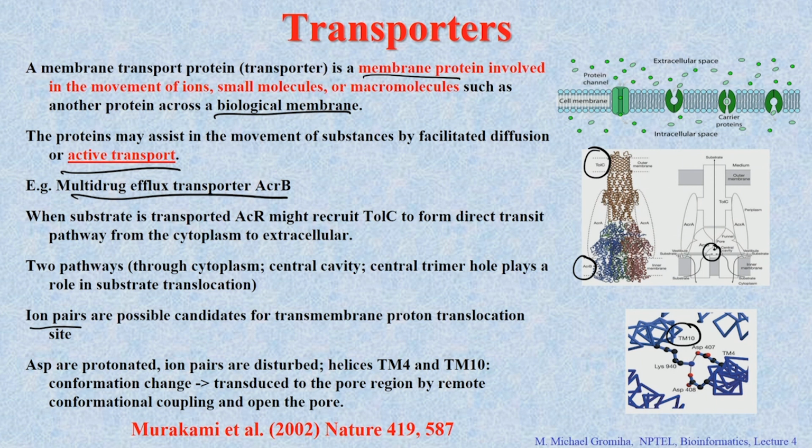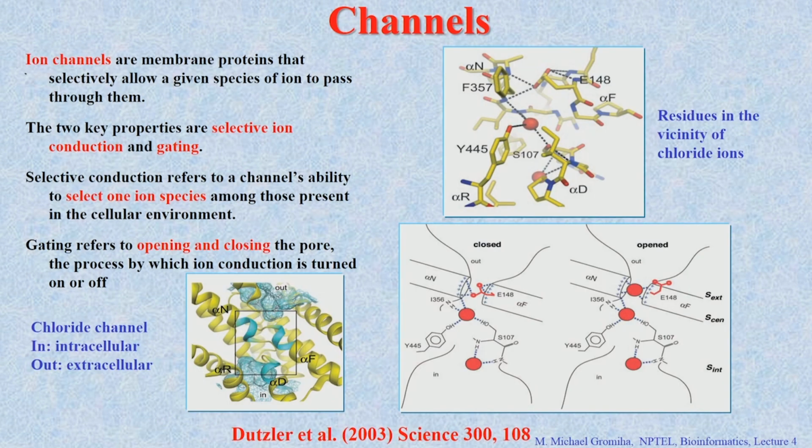Likewise, there are various transporters known in the literature, but they have different mechanisms to transport ions and molecules across the membrane. Other membrane proteins, for example, are ion channels. There are different types of ion channels, potassium dependent ion channel, chlorine dependent ion channel and so on, and these proteins cross the membrane selectively.